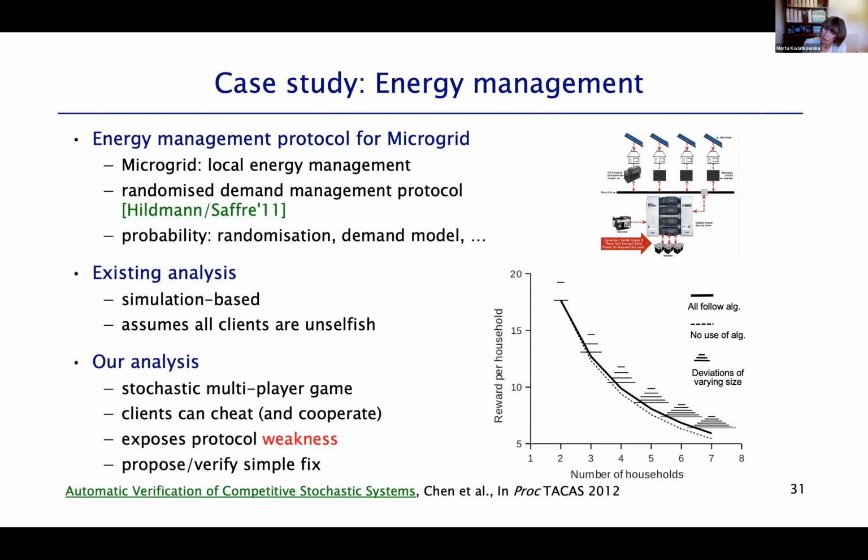Now, what we actually discovered through the game-based model is that in the original protocol design, they assumed that all clients will behave properly. And in fact, there will be no selfish agents. Assumed that all clients are unselfish.